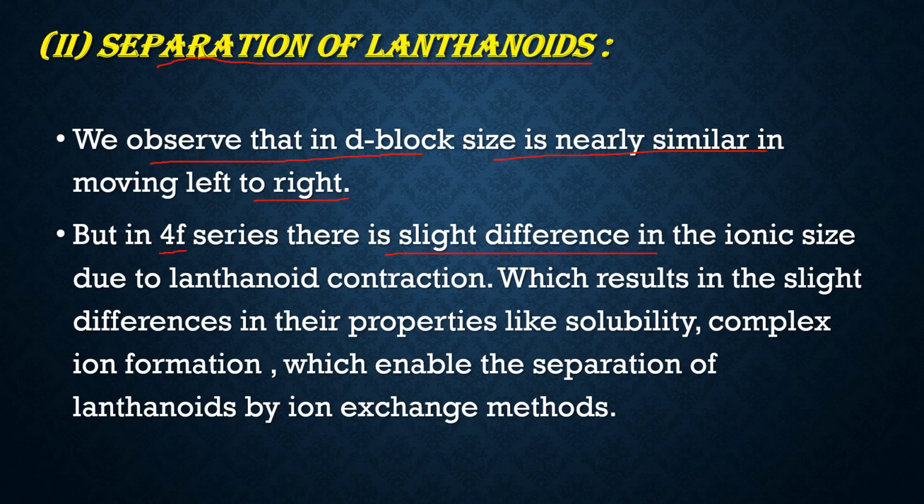Due to this difference in the ionic size, the properties also differ. And due to the difference in properties like solubility and complex ion formation, the lanthanoids can be separated easily by the ion exchange method. So due to lanthanoid contraction, the separation of lanthanoids becomes easy.